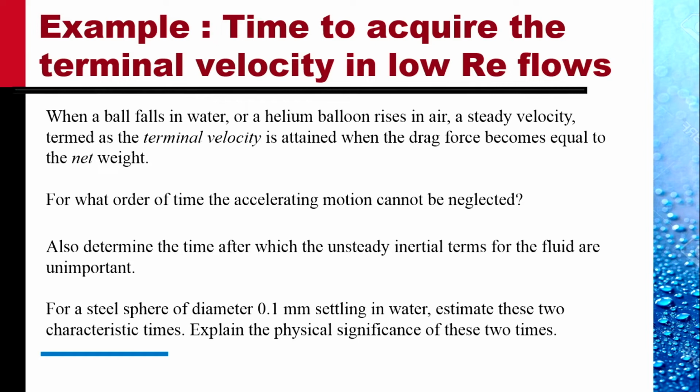Then, as a numerical example, we will do this for a steel sphere of diameter 0.1 millimeter, a very tiny steel sphere settling in water. We estimate these two characteristic times and then try to explain the physical significance of these two times.